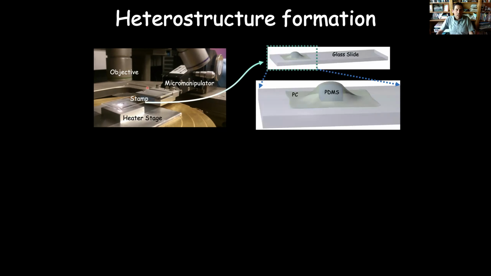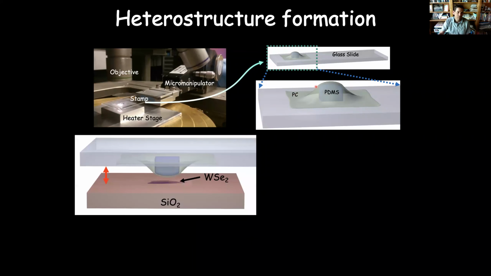If you look at this stamp up close, it's a glass slide, and on top of that there's a little PDMS bubble, and that's covered in a polymer film, in this case polycarbonate. That's the material we use to stamp and pick up our flakes. We have this stamp upside down.